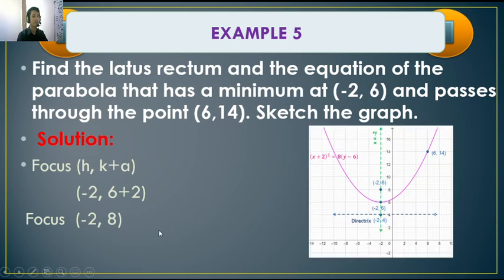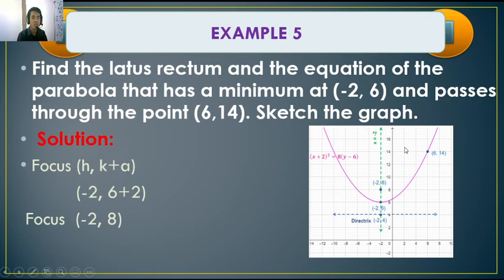Next, we need to graph our equation. So this is the graph of our equation (x + 2)^2 is equal to 8 times (y - 6).